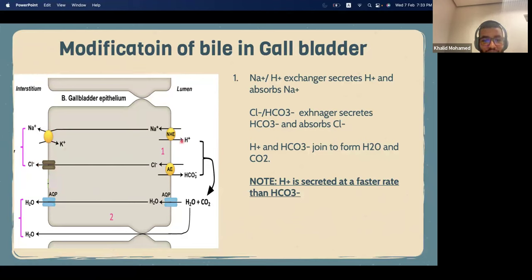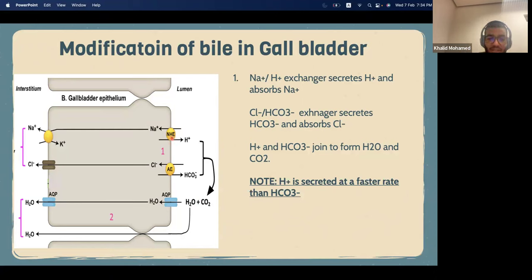And then what happens to these hydrogen ions and bicarbonate ions that were secreted? They'll join to form water and carbon dioxide, and the water will be reabsorbed. So we have two things happen: reabsorption of sodium chloride and reabsorption of water. And the third thing that happens, because this channel works faster than this channel, is that more hydrogen is being secreted than HCO3.